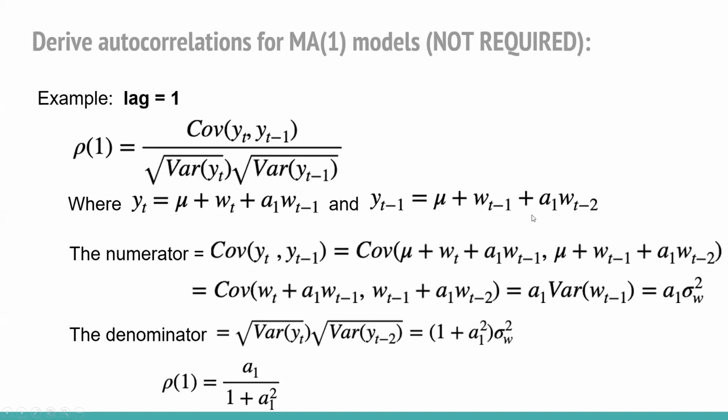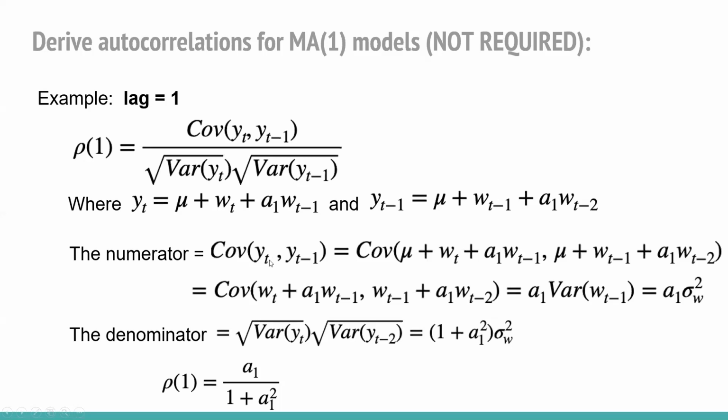So if this is yt, then this guy here is going to be yt minus 1. Why do I need a yt minus 1? Because if you look at the correlation, there is yt minus 1 here, and there is yt minus 1 here. And if you look at the numerator right now, the numerator is the covariance.